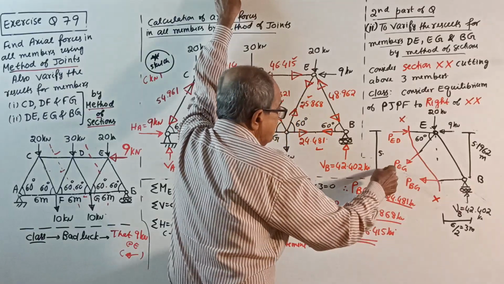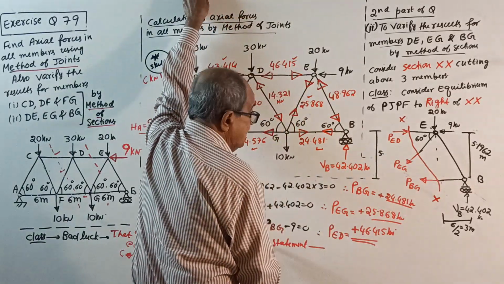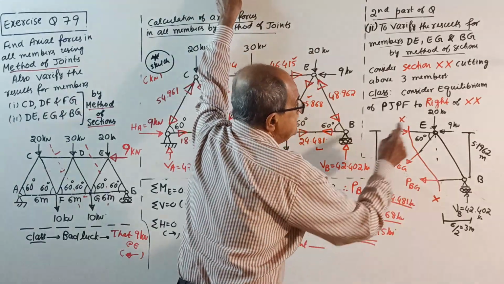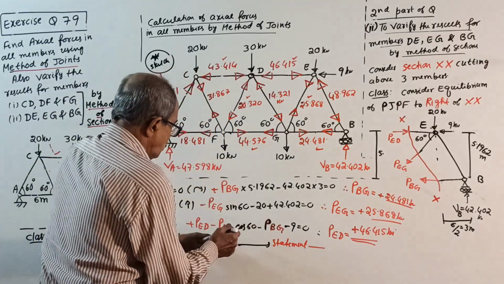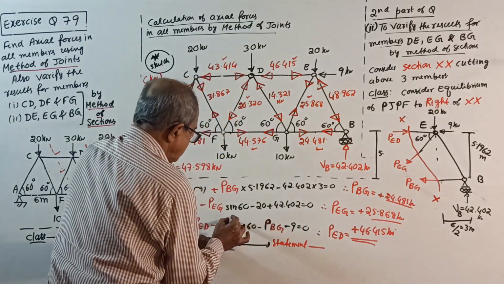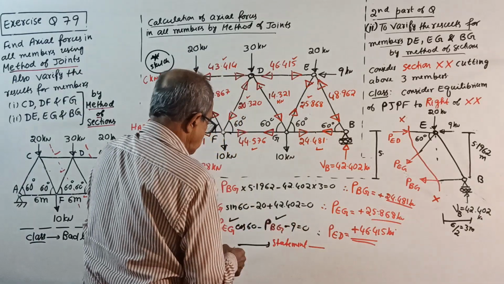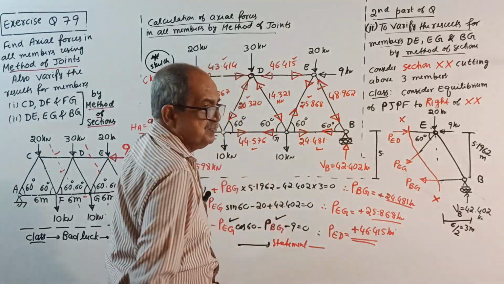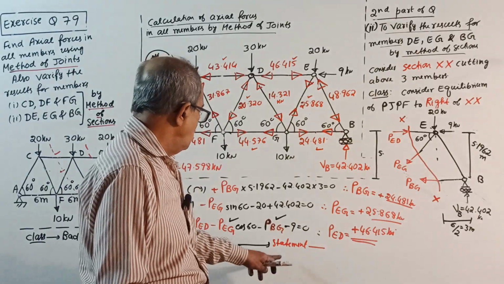Plus PED minus PEG cos 60 minus PBG minus 9 equal to 0. By this time you know the value of PEG. Substitute here. PBG is known, substitute here. You will get PED plus 46.415. I really calculated. Okay, now one statement.